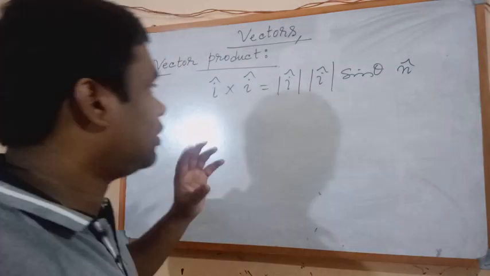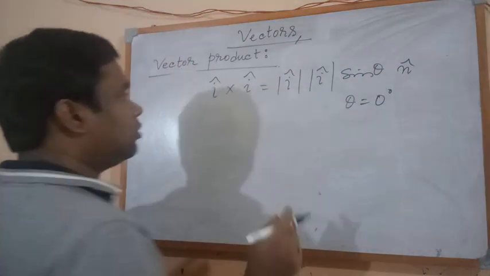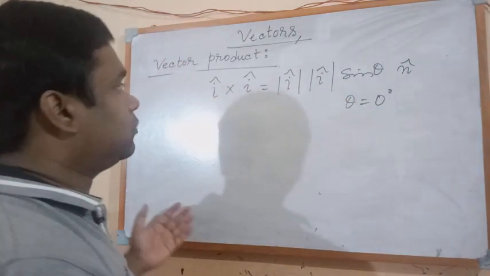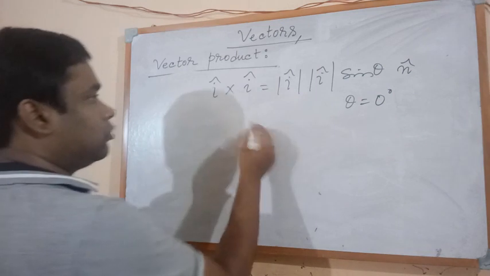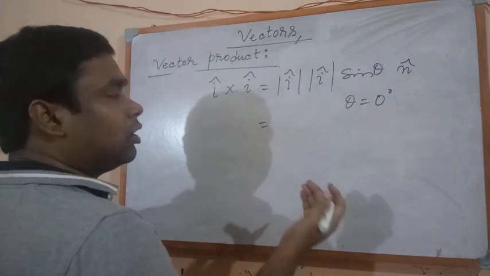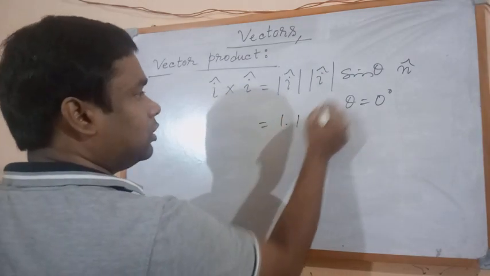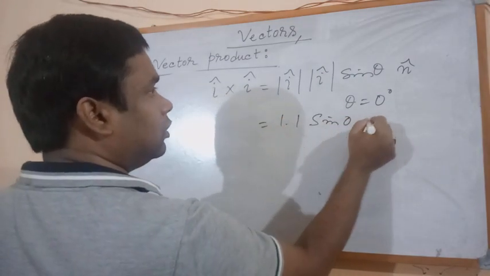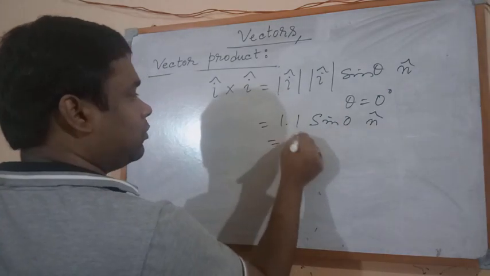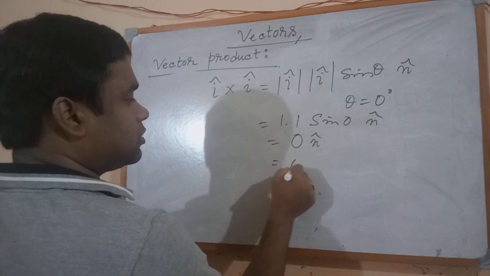That's why theta equals 0, that means a 0 degree angle is between the two I caps. And mod of I cap is 1, because it is a unit vector, so 1 into sine 0 into n cap. So ultimately this is 0 into n cap, so this is the 0 vector.